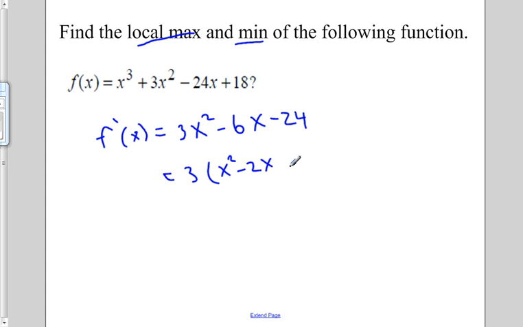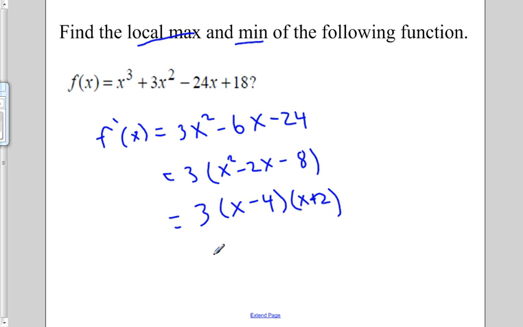You could use your quadratic formula program or solve this some other way, but factoring's nice and easy here. So we can set it up as (x - 4)(x + 2).